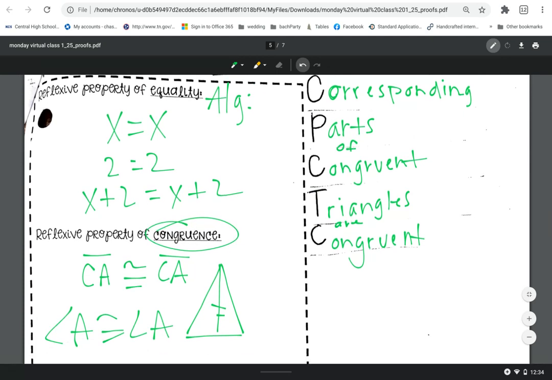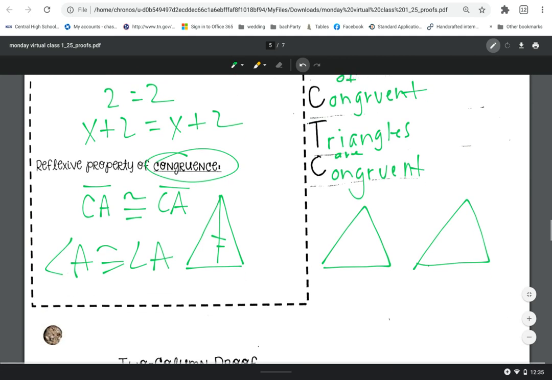Remember, we were talking about how that's the same angle or the same line segment in two different triangles. So let's say I had these two triangles. All right, let's say they're congruent because Ms. Higdon is a great drawer, right? All right, if I already know that these two are congruent, exact copies of themselves, okay, then I can say their corresponding parts are congruent.